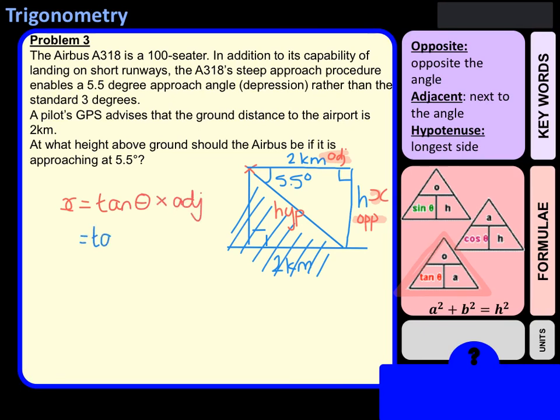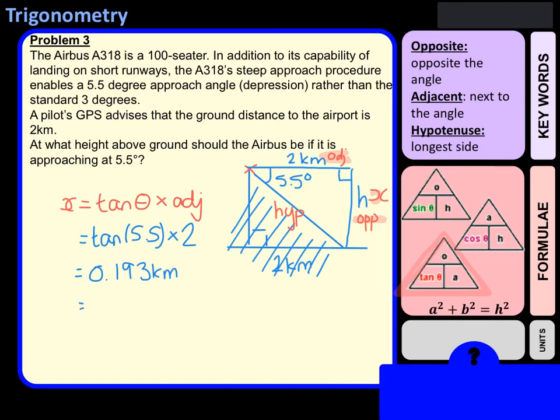So here we've got tan 5.5 times 2. And that comes out as 0.193 kilometres to 3 significant figures.